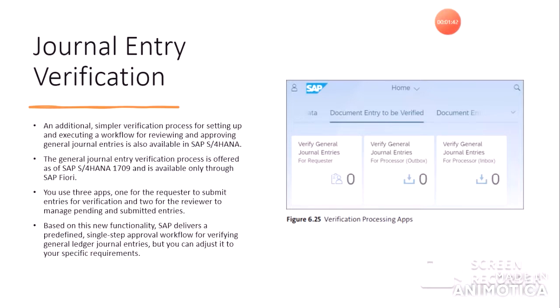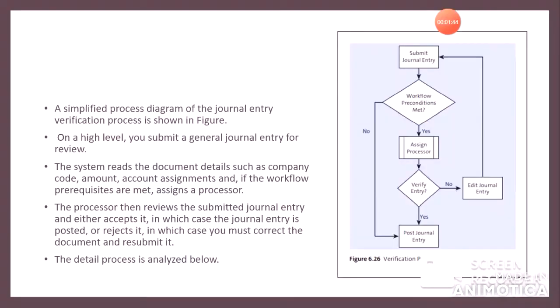Okay. A simplified process diagram of the journal entry verification process is shown in this figure. So if we submit a journal entry and the workflow preconditions are met, it will assign a processor, and the processor will verify the entry.